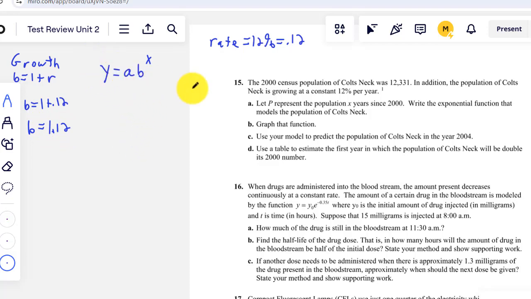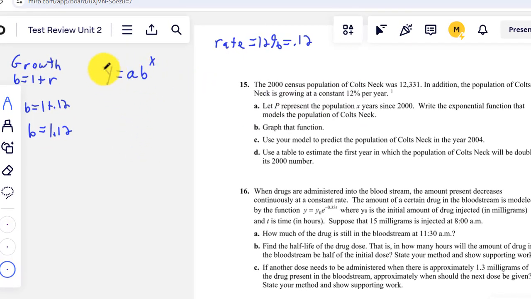Right, and that's going to help us because if we have an exponential function, we need to know what A and B are. So we've just found B. The A is the initial population, which is 12,331.